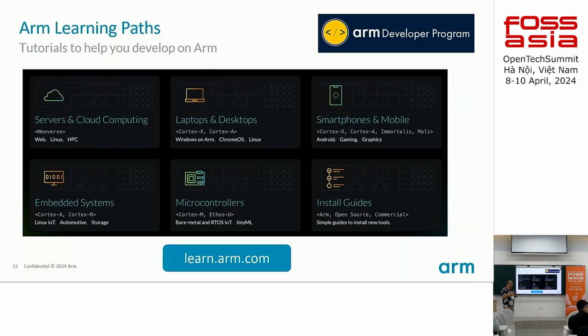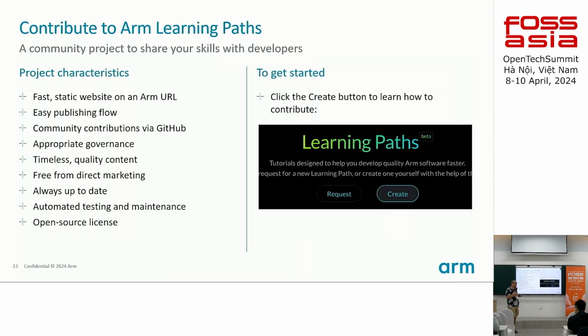As part of the developer program, we've created something called learning paths, which is GitHub-based web content. So we've got, as you can see, a number of topics, and you're actually able to edit and provide pull requests if you find mistakes or issues.